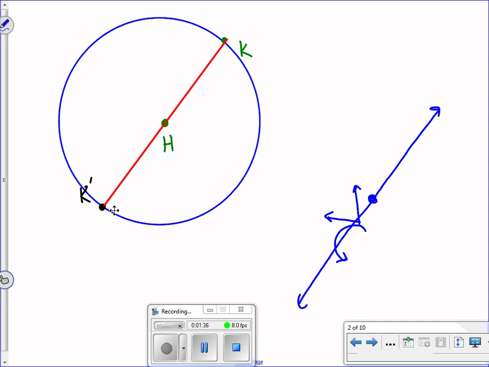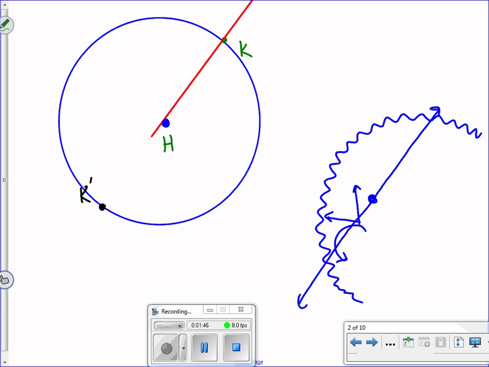Because it's a central angle, the vertex is at the center, we know that this is 180 degrees of arc. I'm hopeful that if you understand K prime going 180 degrees as I rotate it this way, it would have ended up in the exact same location if I had gone around over here from the other direction.